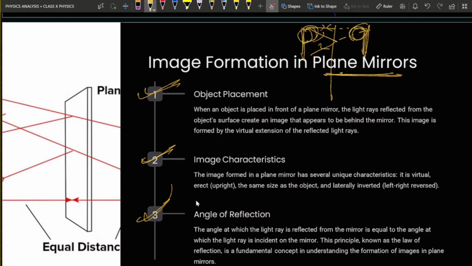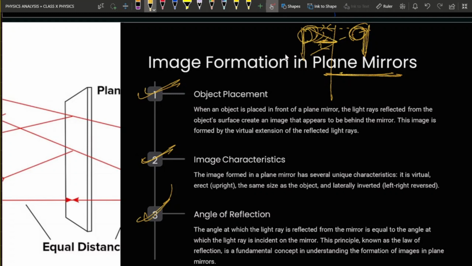Second, you follow the laws of reflection. Here I have followed the laws of reflection. You can ask me why this ray after reflection will go in this direction only. I will tell you that it is following the law of reflection. You can draw one normal here, so you have one angle of incidence.